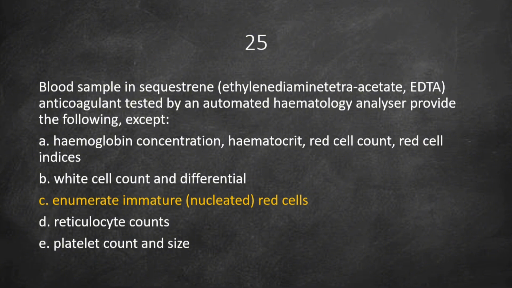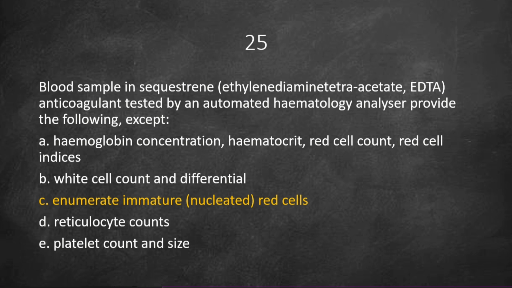So a typical FBC will actually provide you with, like option A, the hemoglobin concentration, of course your hematocrit, and then your red blood cells, and other indices like MCV, MCH, MCHC. Then of course the white cells and differential also will be there. Then immature nucleated red cells, those ones will not be there. Those are like, let's say, blood cells like promyeloblasts.